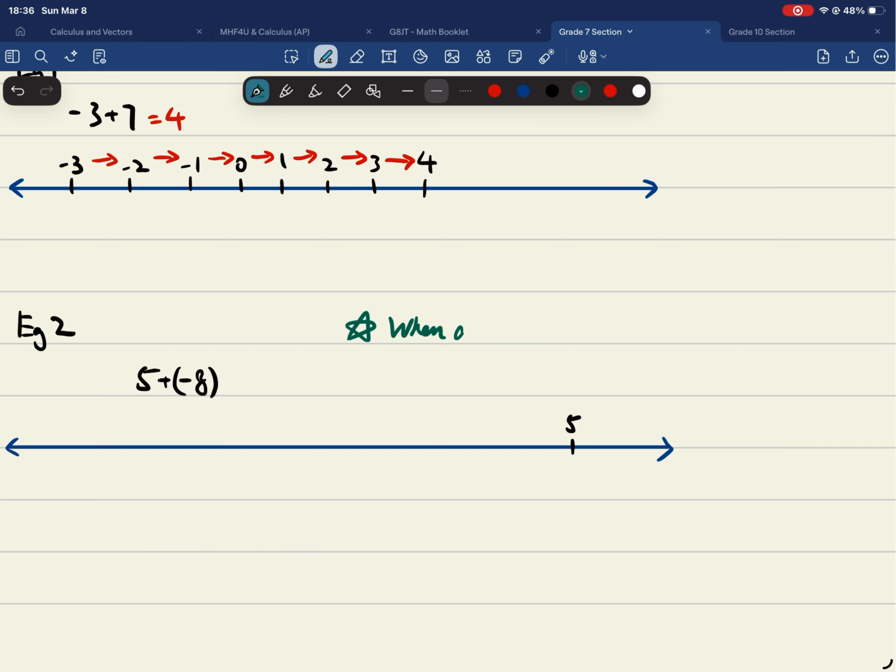It's that you're adding a negative number. So when you're adding a negative number, it means you should move left.